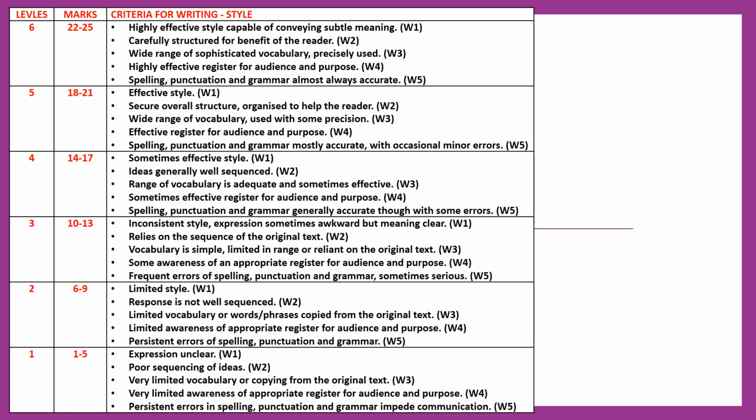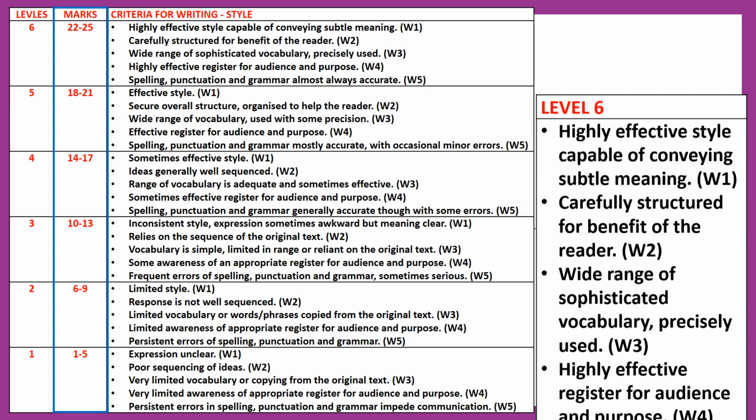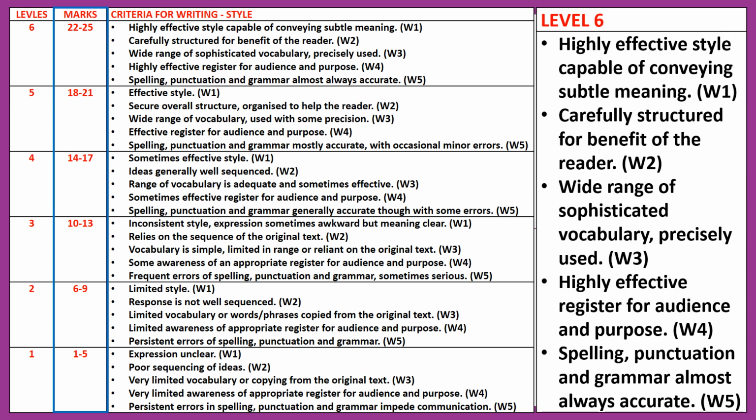The quality of your writing will be assessed out of 25 marks using established writing standards which demand a response that employs a highly effective and well-structured style, uses precise vocabulary, adopts an appropriate register while maintaining near-perfect spelling, punctuation, and grammar.